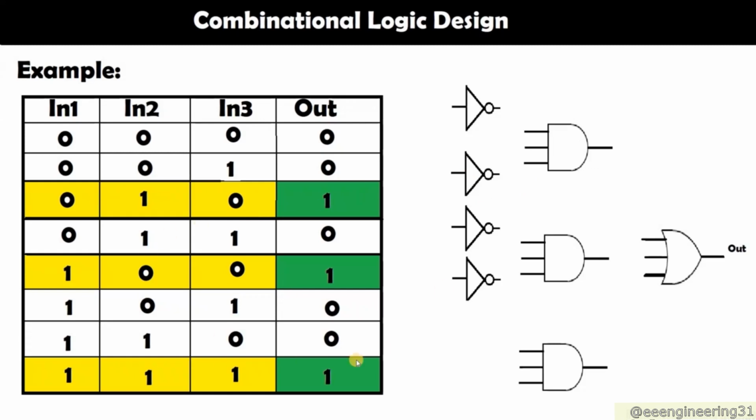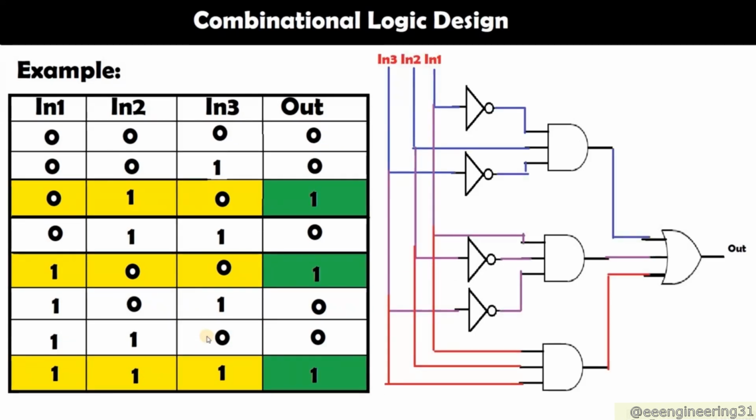So I have 3 options, so 3 AND gates. Now we check case by case. Whenever we see a 0, we're going to put a NOT gate at the input. So we have 2 for the first case, 2 for the next case, and the last case we have nothing. Then we just interconnect them all together, and that's it. And by that, we have designed a circuit that can conduct this logic.